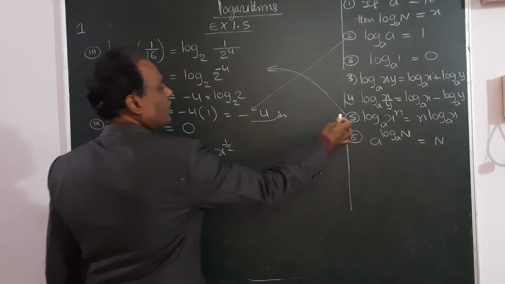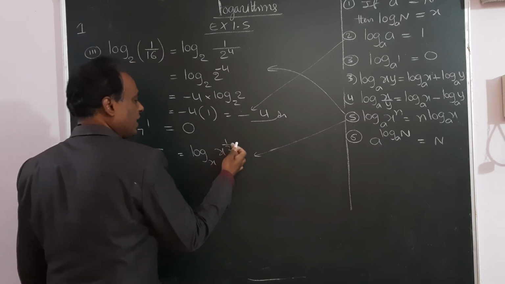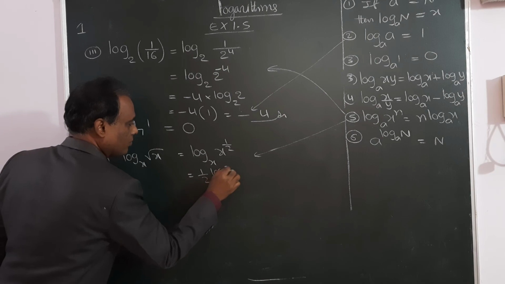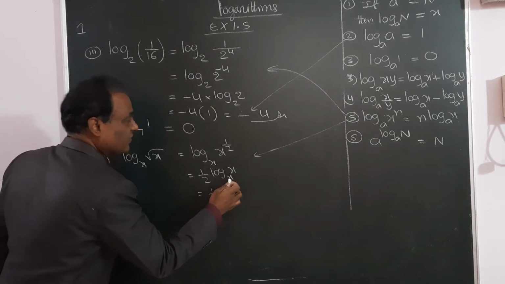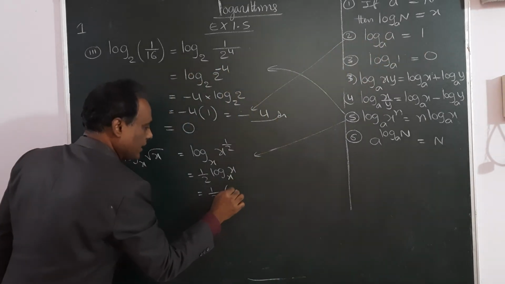Apply this fifth formula. If something has a power, the power will come down like this, and log x base x remains, with 1 by 2 outside. Log x base x, if these two are equal, as per the second formula, is 1.